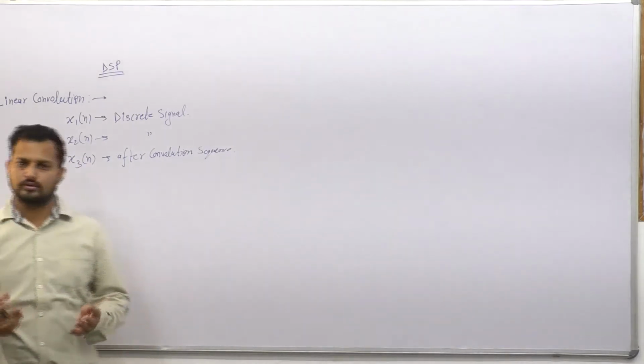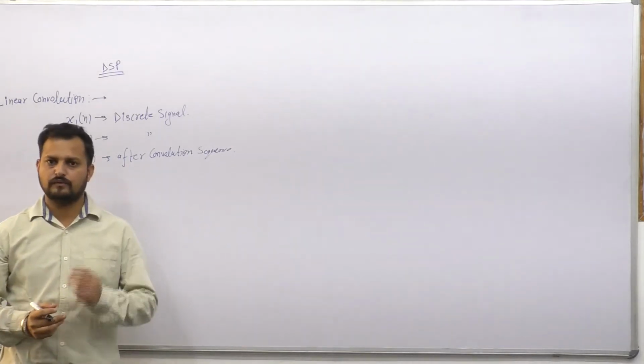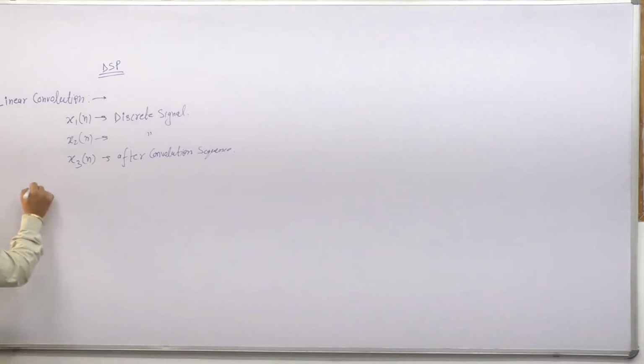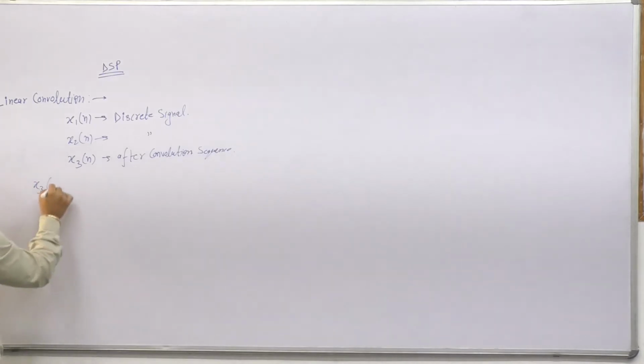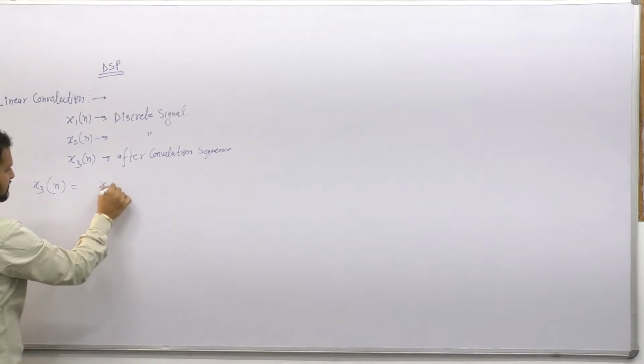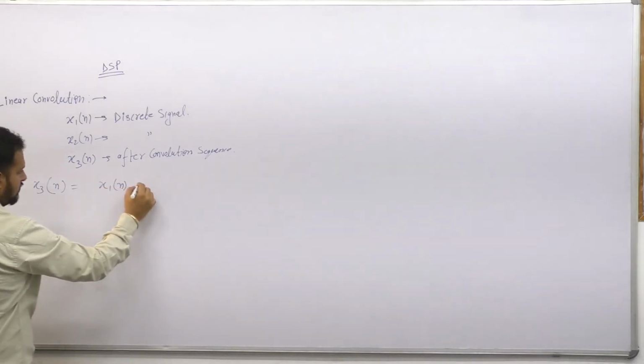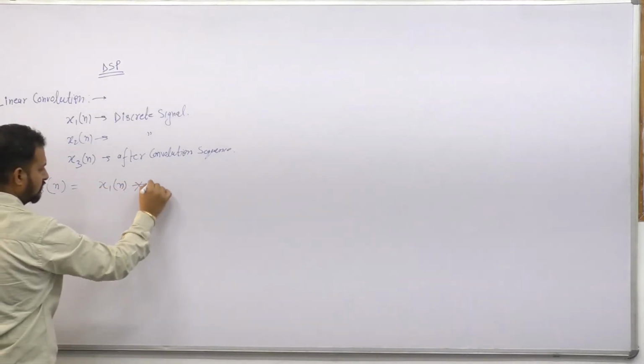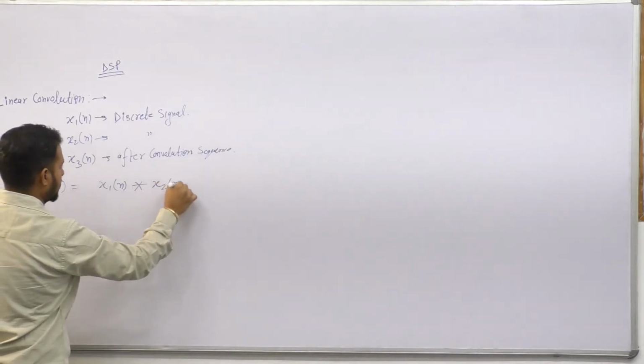Then how are we going to define the linear convolution for the two sample signals? This is the formula we use to give x3(n), and symbolically we represent x1(n), and this is the symbol for linear convolution, and this is x2(n).